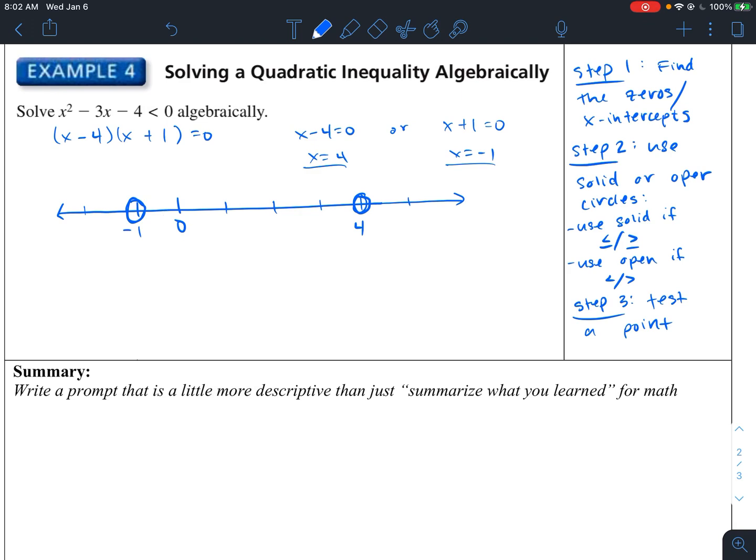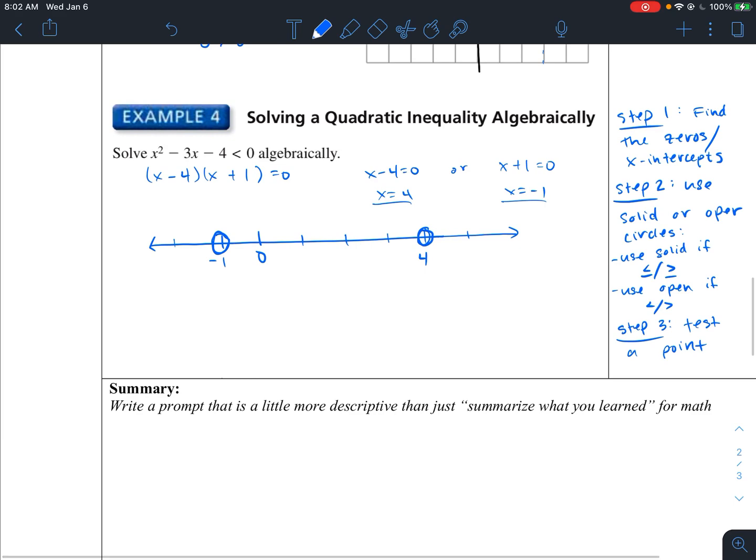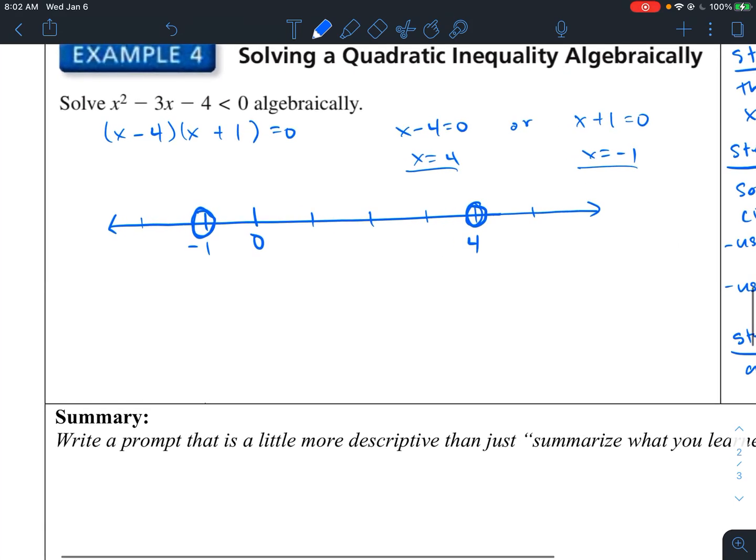So we're going to plug that back into our inequality. So we have x squared minus 3x minus 4 is less than 0. We're going to use the point x equals 0 to see if this inequality is true.